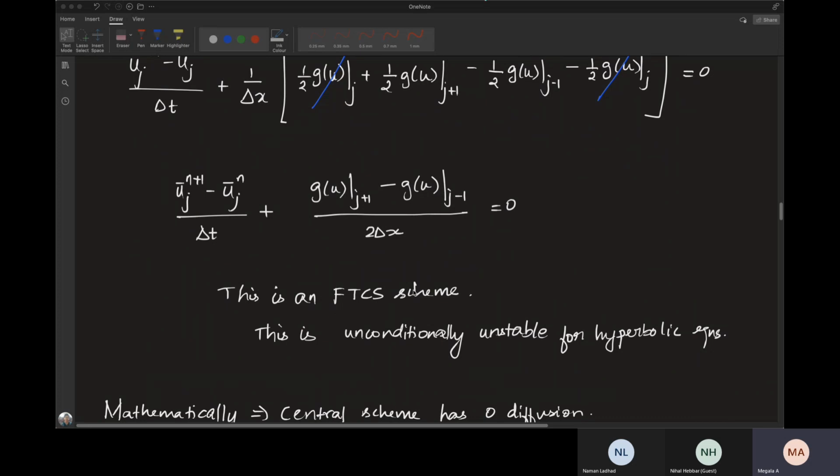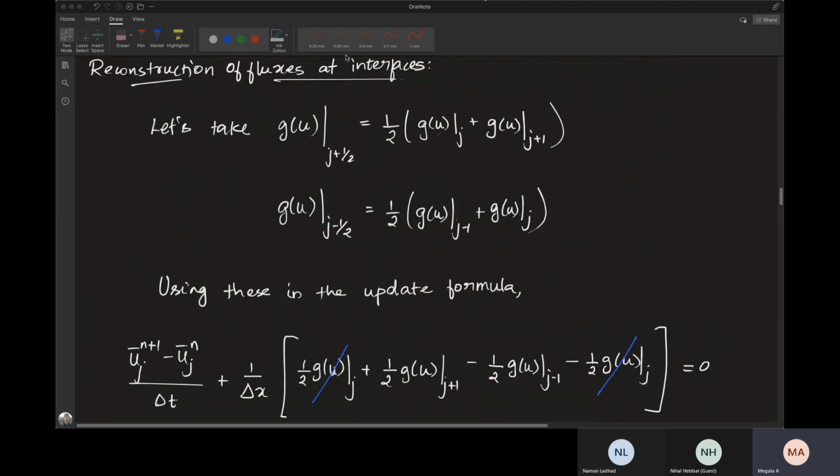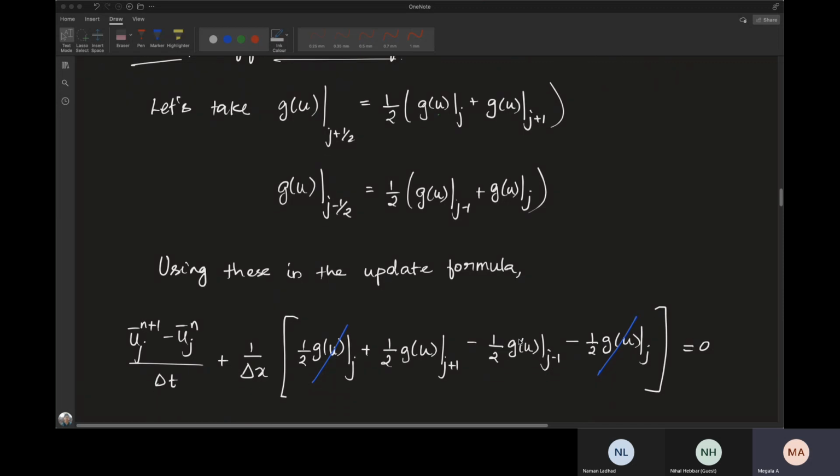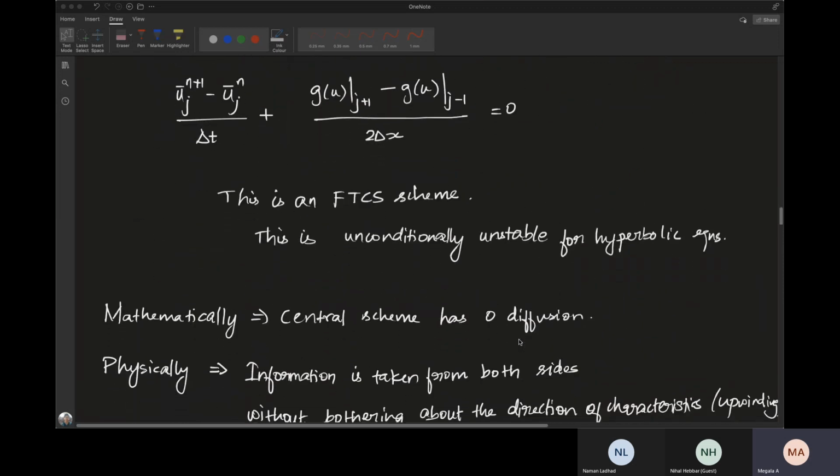We cannot use this scheme to find answers to our problems. So basically, if we make this kind of approximation, that is, if we consider our g at j+1/2 and g at j-1/2 as these quantities, then there's no point in using that scheme at all because it's an unstable scheme. So why is this happening?